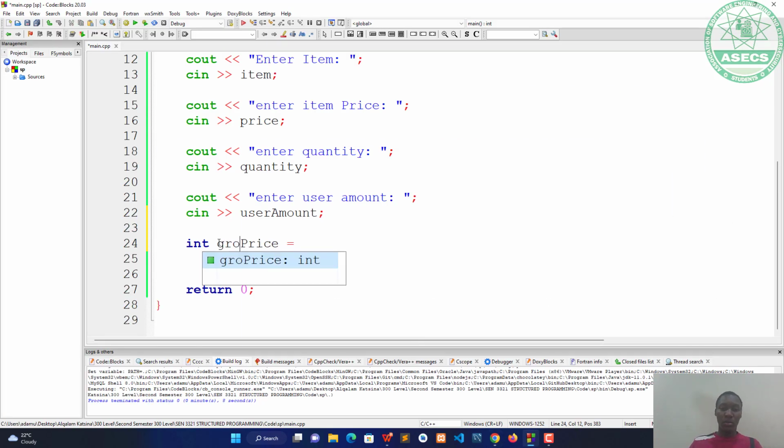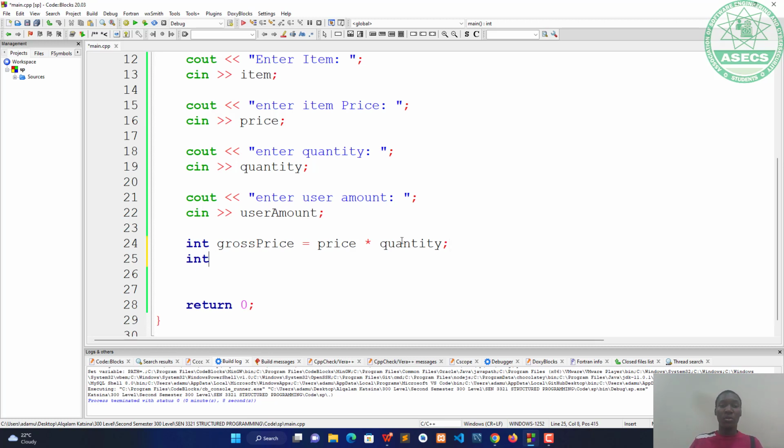It should be what? double gross price equals item price times quantity. If he buys two books at 50 naira each, the total is 100. So that is what we are doing here.